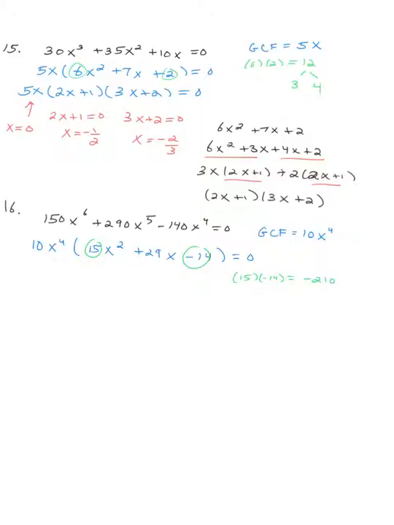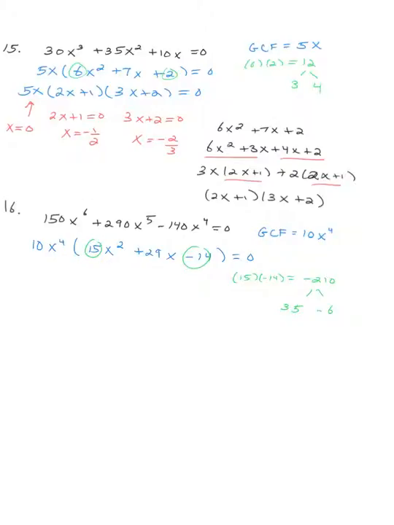I'm just going to go through dividing some numbers into 210 and see what comes out. Okay, after trying a few options here, I got 35 and 6, and I put the negative on the smaller number because the sum in the middle is a positive value. So 35 and negative 6 are going to factor this expression.